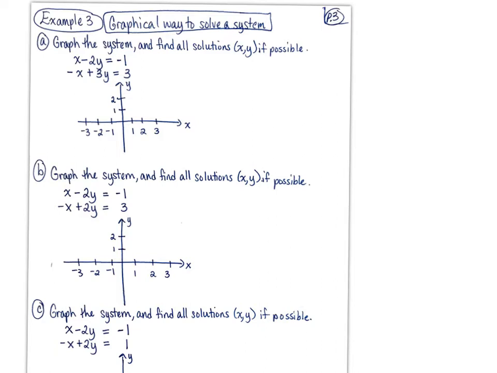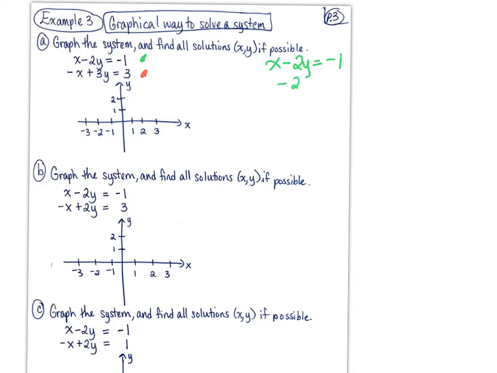Do you normally graph your line in this form? What form do you normally put it in? Slope intercept? Okay, so let's solve this one for y. So I'll use green for the top one, and I'll use red for the second one. So you have x minus 2y equals -1.